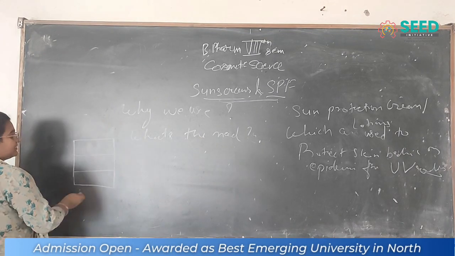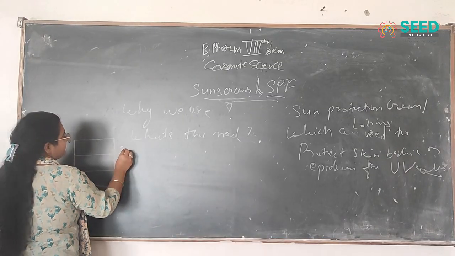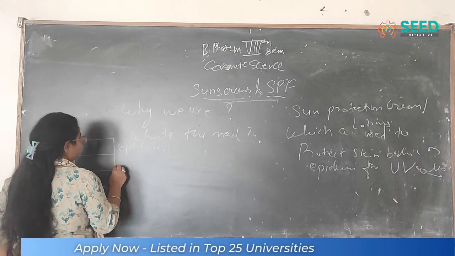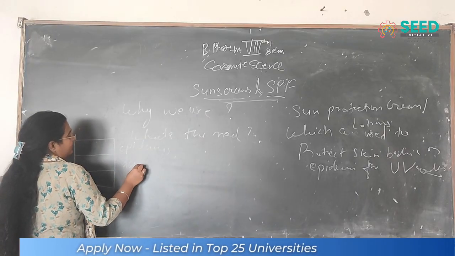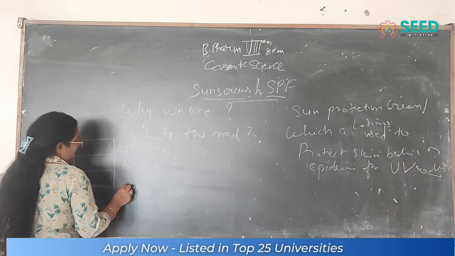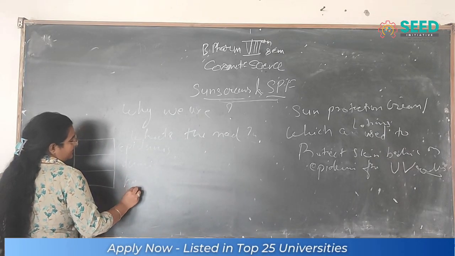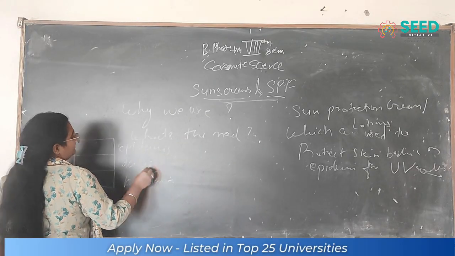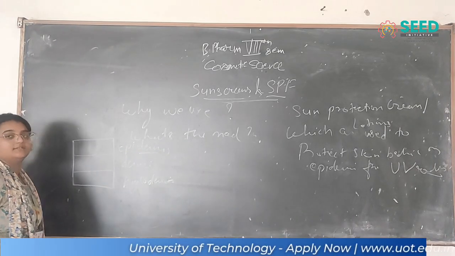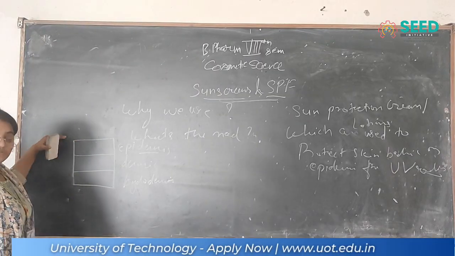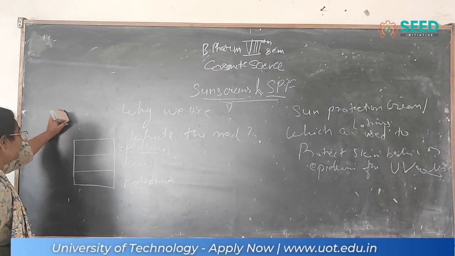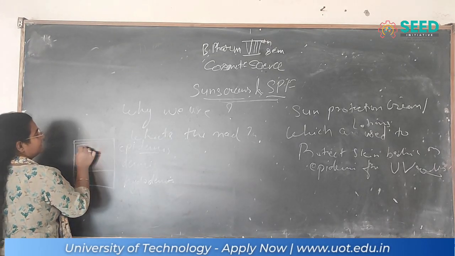Let us suppose the part of skin. This is the epidermis, outermost layer, dermis, and hypodermis. Now, the epidermis that is exposed in the atmosphere also has 4 layers.